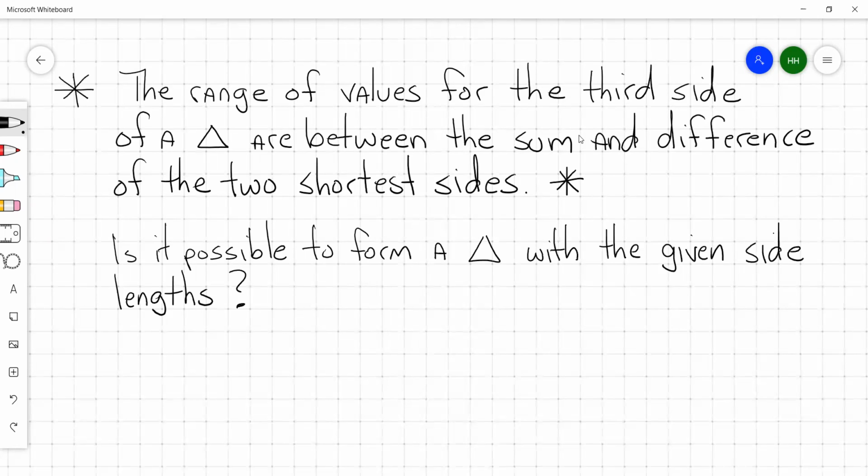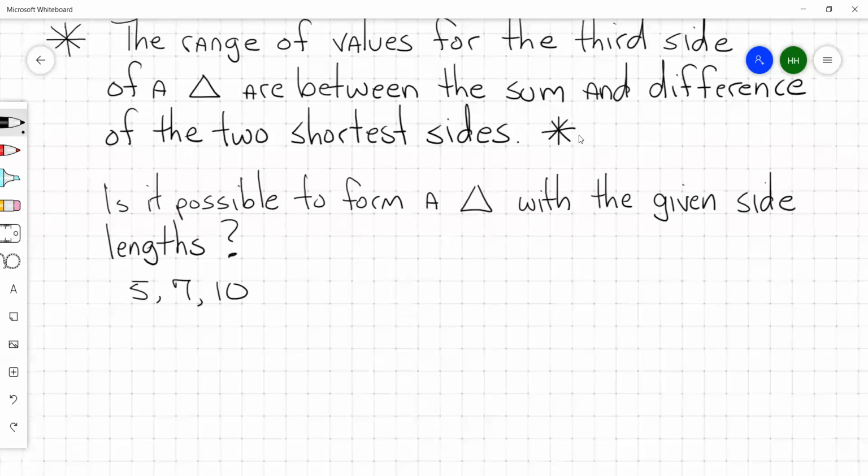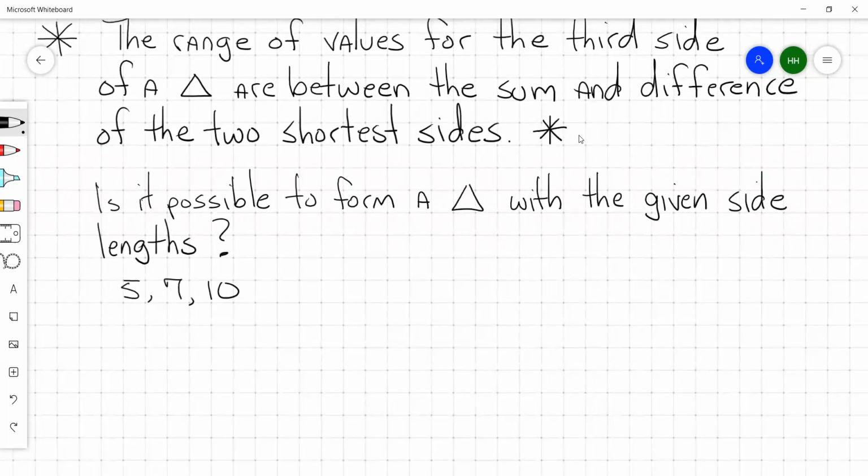Is it possible to form a triangle with the given side lengths? So let's say that you're given a 5, a 7, and a 10.